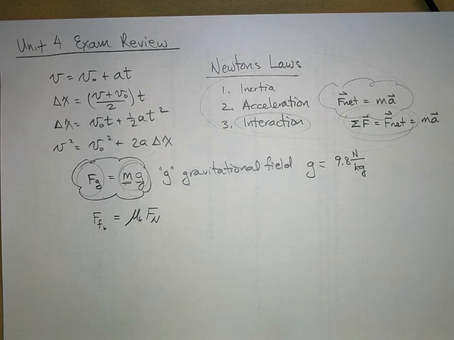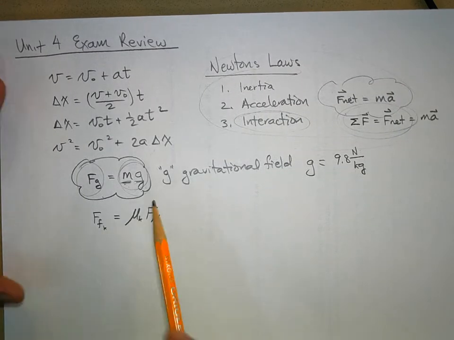And the normal force is the perpendicular component of the interaction between two surfaces that are pressed together. If a crate is on the floor, gravity's pulling it down, but the floor is holding it up. So it's that holding up force, that pressing between the floor and the crate that is the normal force.